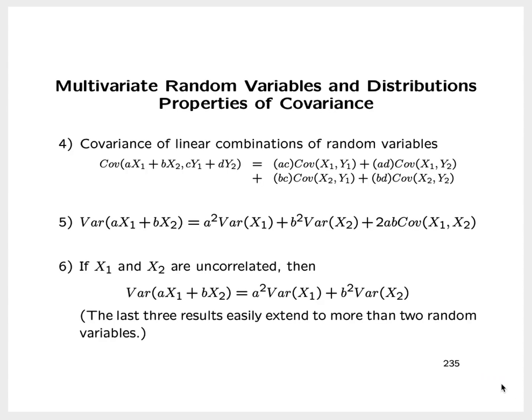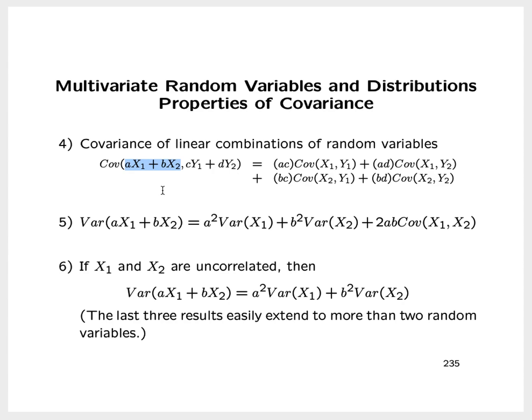Property 4, the covariance of linear combinations of random variables. Remember that whenever we're talking about covariance, we're talking about the covariance between two random variables. In this particular property, we have two random variables. The first is represented by this linear combination of x1 and x2, so a times x1 plus b times x2.